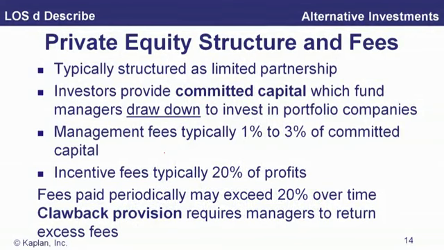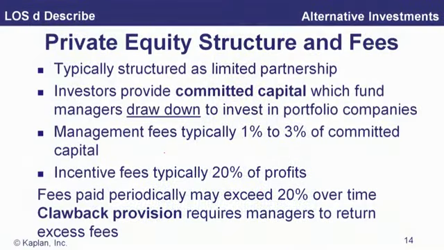And there's something called a clawback provision. You can imagine that they've bought some portfolio companies, and now they've sold 2 of them. And those 2 did really, really well. And they kept 20% of the profits on the sales. But then we have some that didn't do so well, or 1 or 2 that just went bankrupt. Okay?